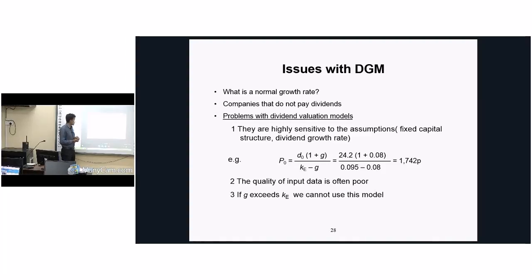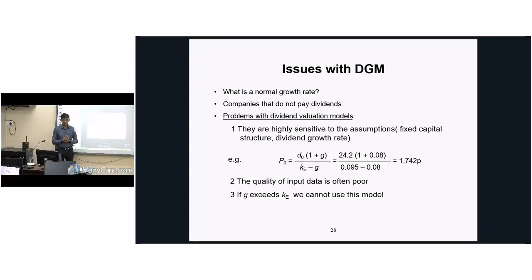And also, we have problems with the equation itself, because the assumptions are very sensitive. I'll give you an example of the capital structure. Here we believe the cost of equity will remain the same forever. How can we make such an unrealistic assumption?